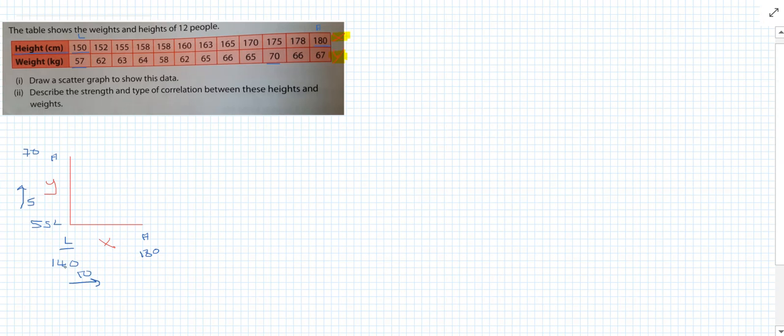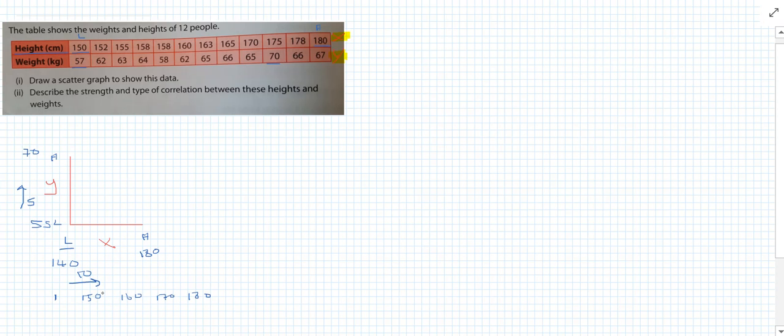So along here, how many spots do we have? If we go up in increments of 10, the first one is going to be 140, the second one is 150, then 160, 170, and then the last one 180.